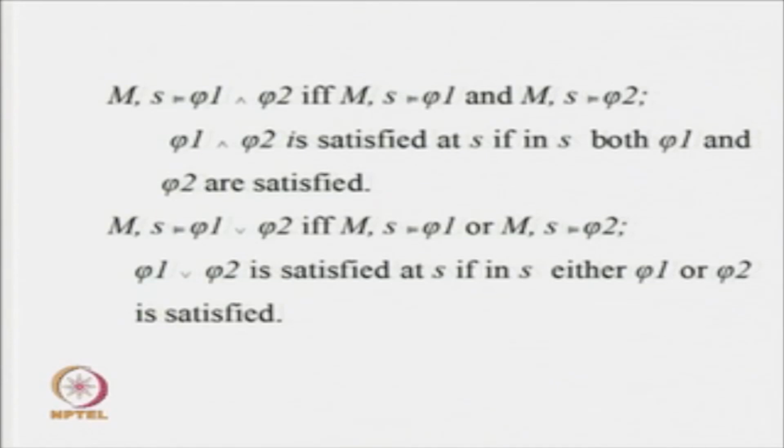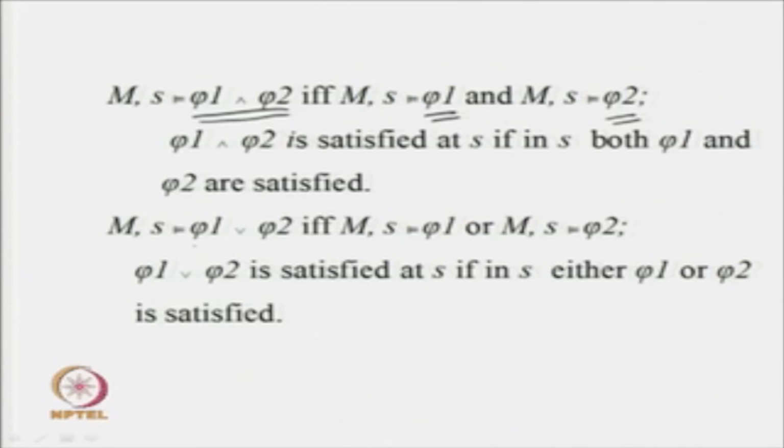Similarly, now we can look for the root values of the conjunction phi 1 and phi 2: whether in a model M, in a particular state S, it models phi 1 and phi 2, whether phi 1 and phi 2 hold there or not. It holds provided phi 1 and phi 2 independently hold in that state. So we say that phi 1 and phi 2 is satisfied in this state provided this state models phi 1 and models phi 2.